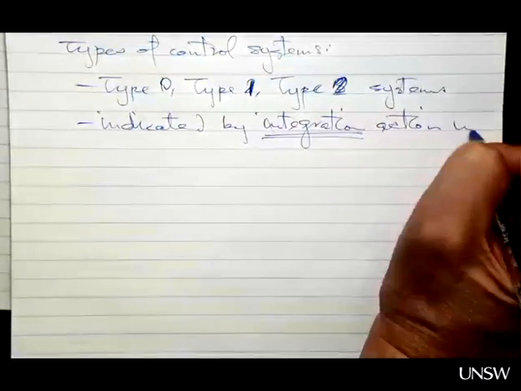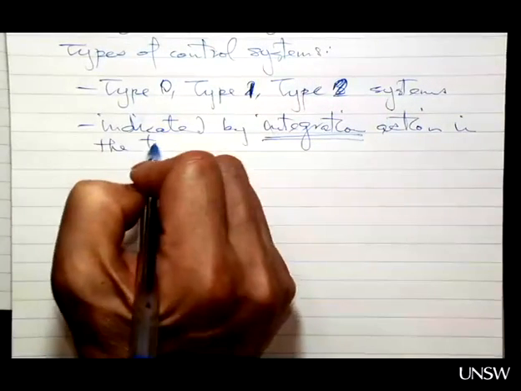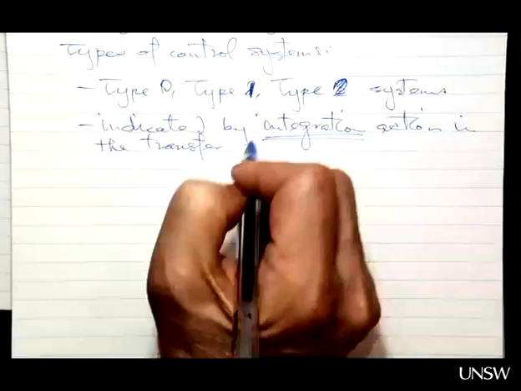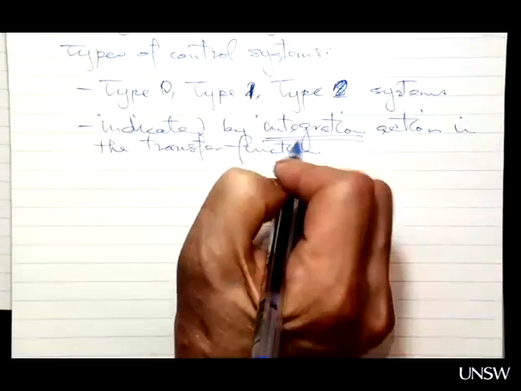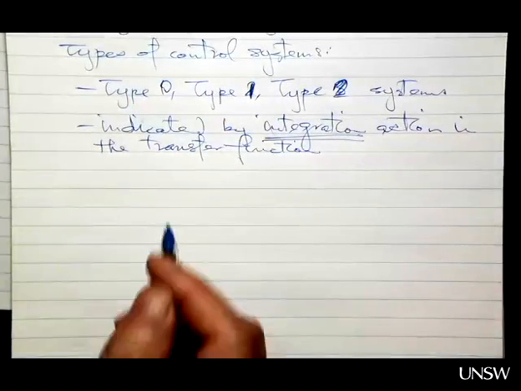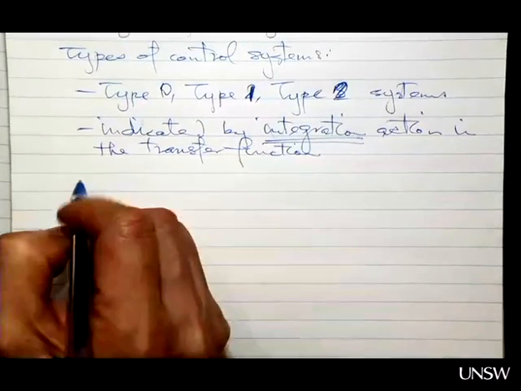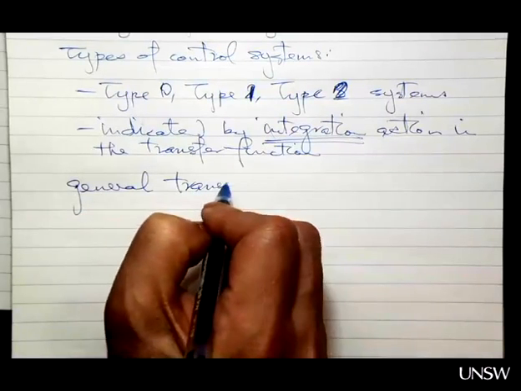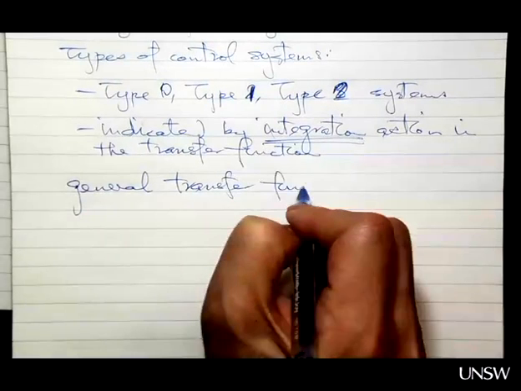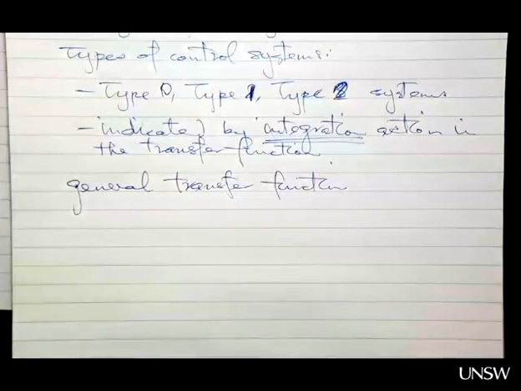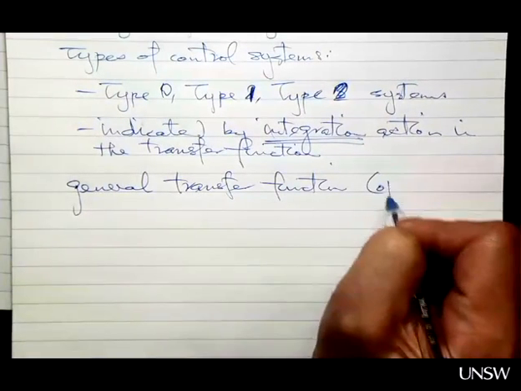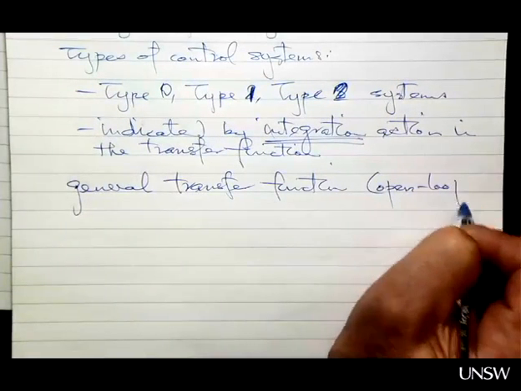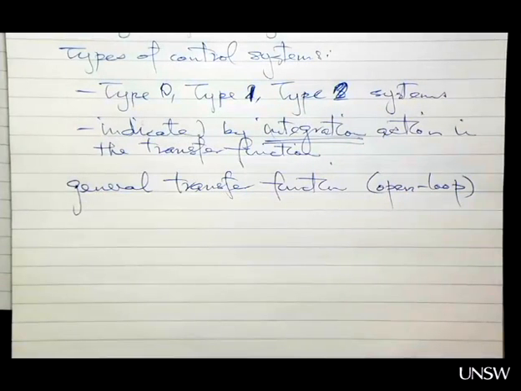So in the transfer function, generally, we can have a transfer function. So we focus on the open loop, right? Because the closed loop system response can be inferred or can be found out from the open loop response.